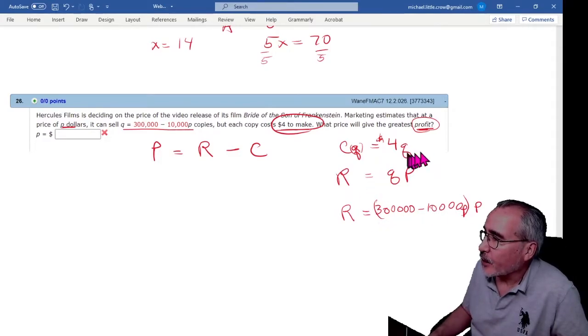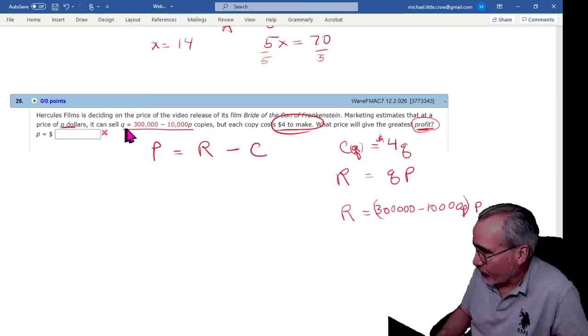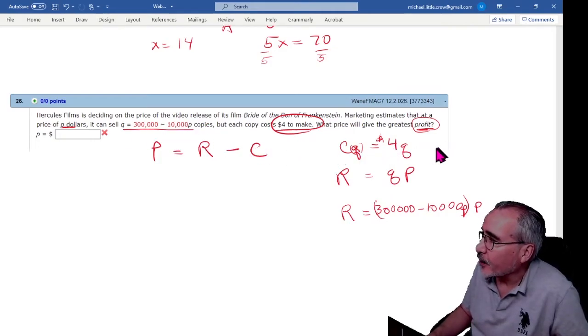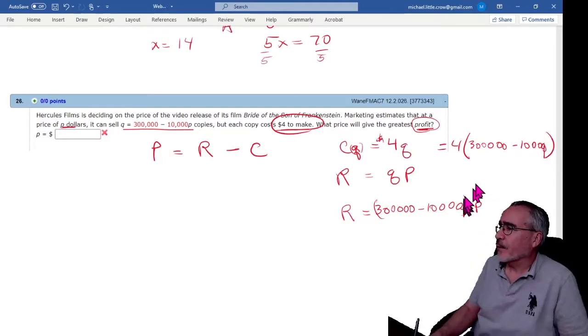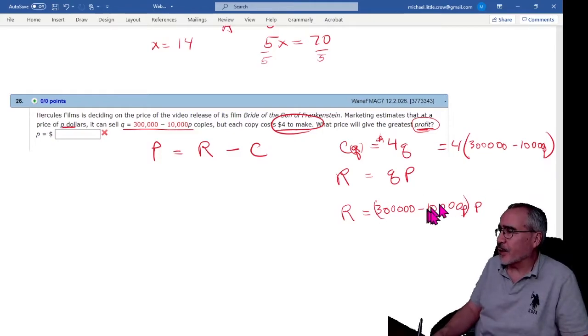Cost is actually 4 times Q, which is 4 times this. So cost ends up being 4 times 300,000 minus 10,000 P. Okay, so we could distribute that through and we'll get our cost.